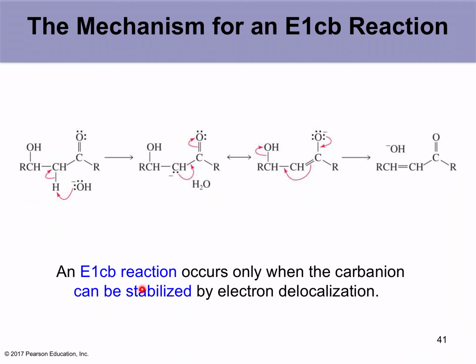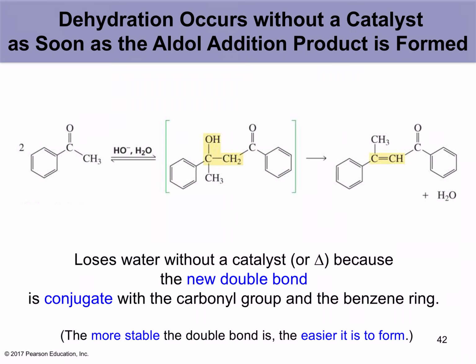An E1CB reaction occurs when the carbanion can be stabilized by electron delocalization. See, it has stability due to the electron stabilization. So if this is possible, then it can undergo the E1CB mechanism. In some cases, the dehydration product is the most stable product. The alcohol form will not stay long.